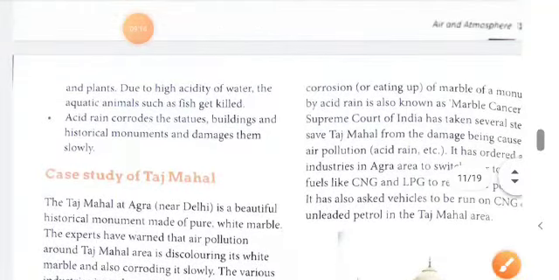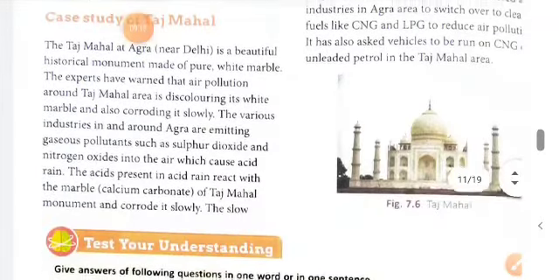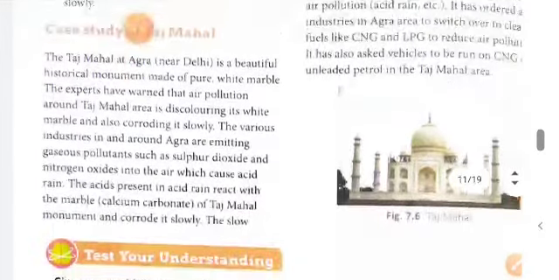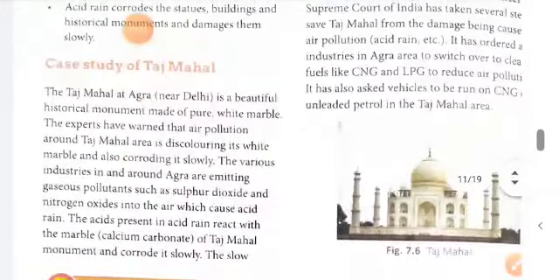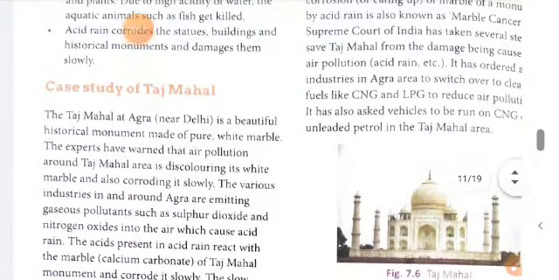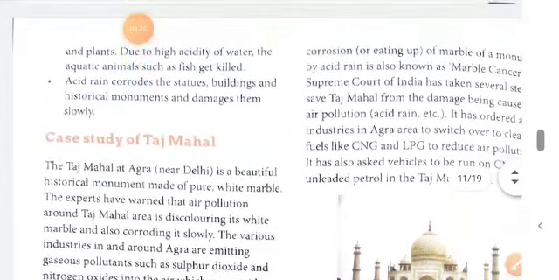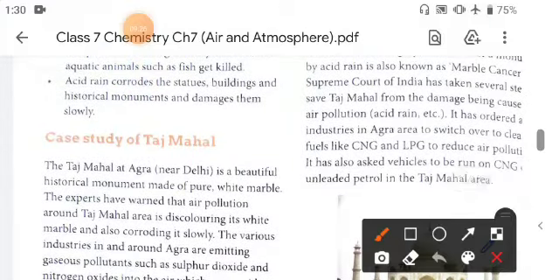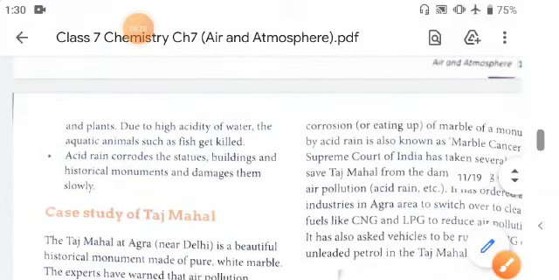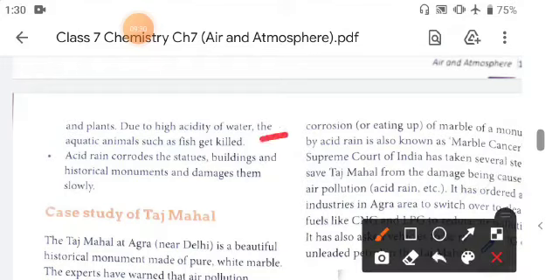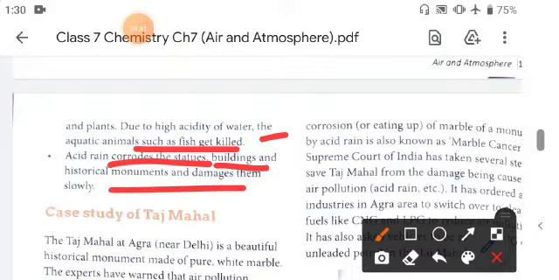Now, animals and plants both will feel unsuitable in the water bodies. Due to the high acidic nature of water, many of the aquatic animals such as fish get killed, and acid rain corrodes the statues, buildings, and historical monuments and damages them slowly.